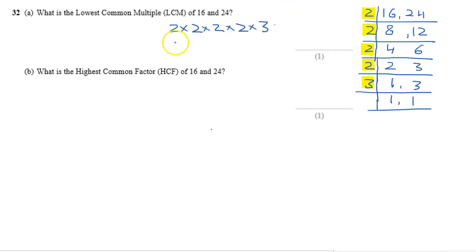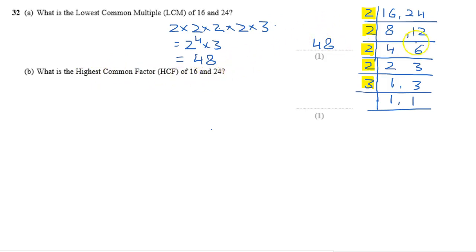Sometimes we write this as 2 to the power 4 multiply 3. That is 16 multiply 3, that is 48. So the answer is 48.